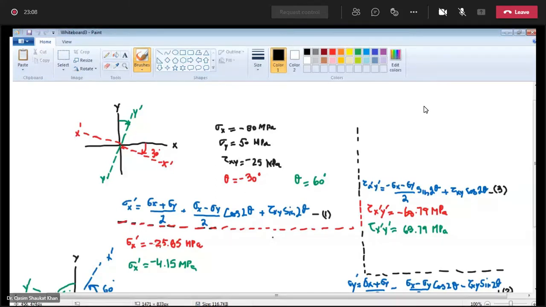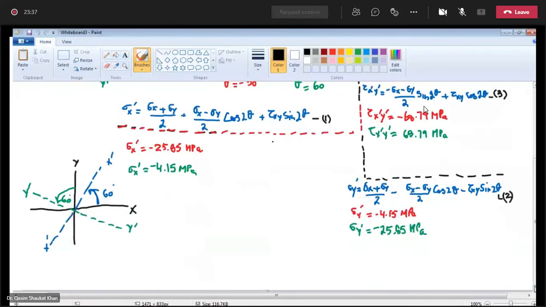So sigma x dash is equal to minus 25.85 megapascals. So sigma x dash is equal to minus 25.85 megapascals.